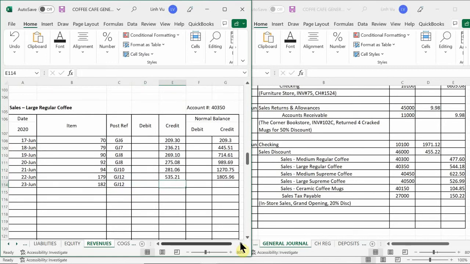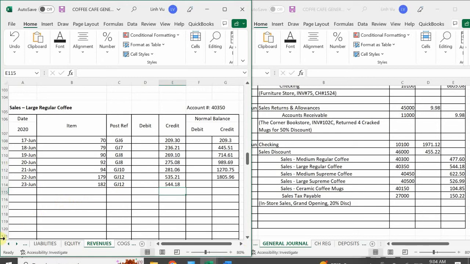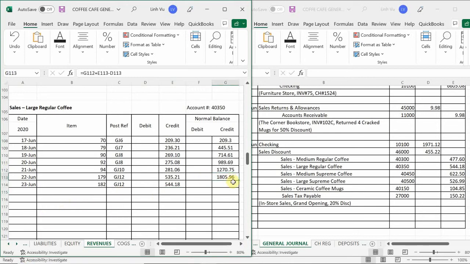For how much? 544.18. So what is my ending balance? $2,350.14. Good.